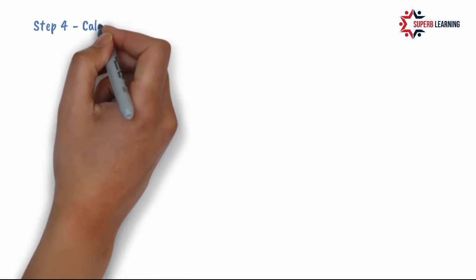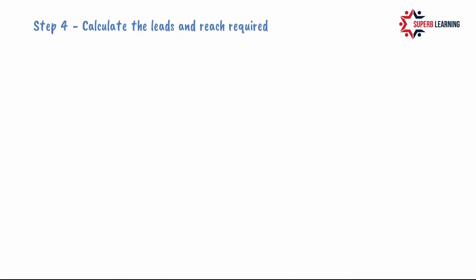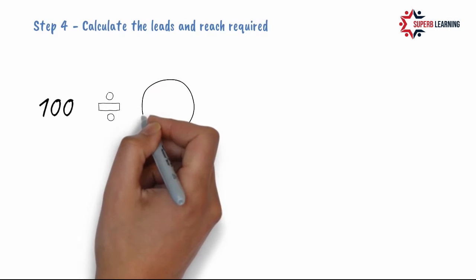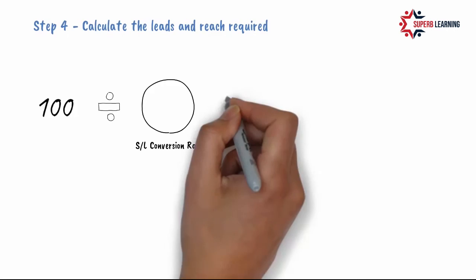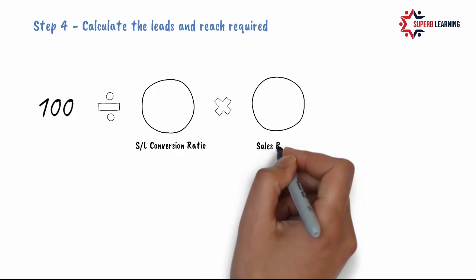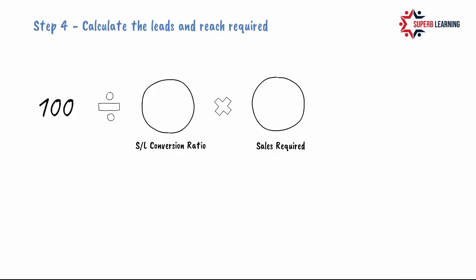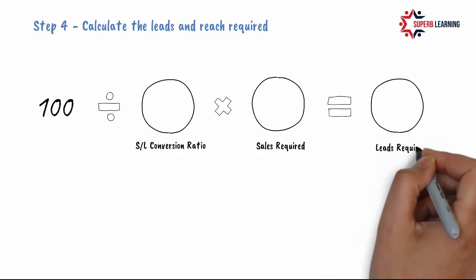So from that, combine that with our metrics, we can calculate the leads and reach required. So it's 100 divided by our sales to lead conversion ratio times the number of sales required. That is going to give us the leads that we require.